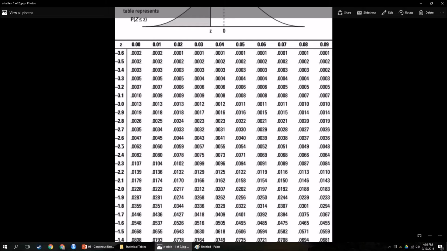Okay, so basically the proper answer here is negative 2.575, right? It's in between negative 2.57 and negative 2.58, and I can see that it's equidistant. 0.0051 is the same distance from 0.0049 as it is from 0.005, so I'm splitting the difference in half. It's negative 2.575 in between these two.